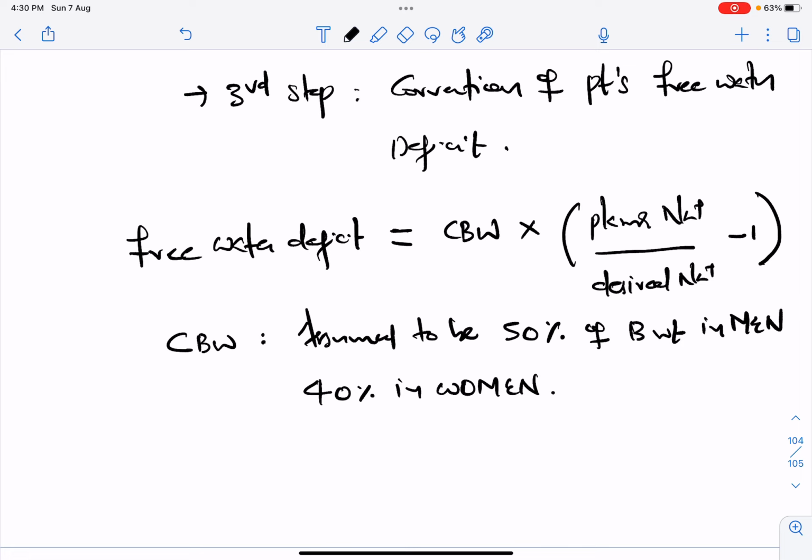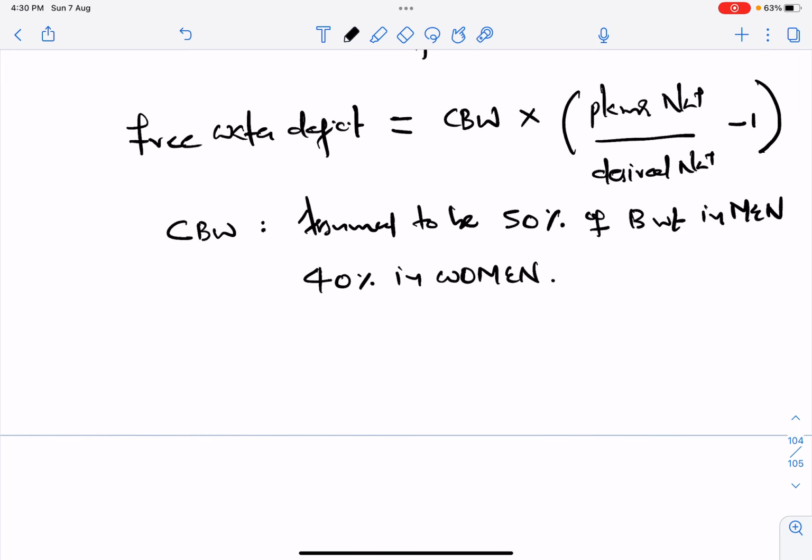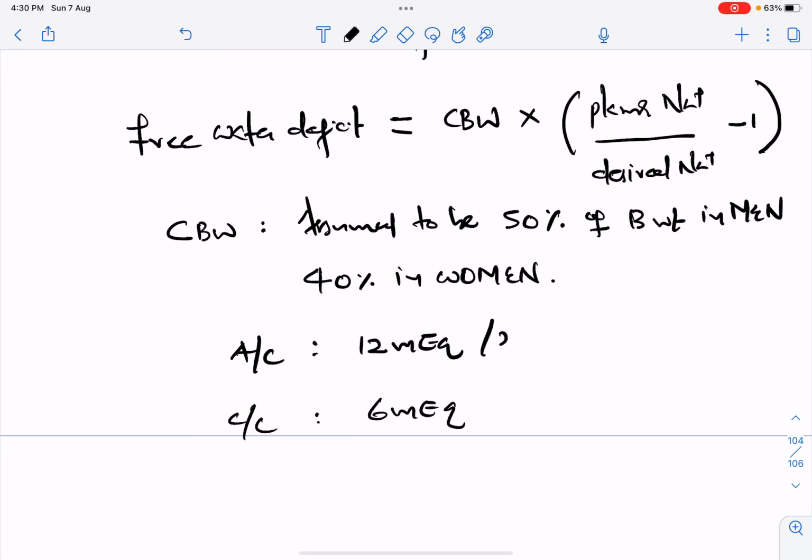Here also, for calculating the desired sodium, for acute cases we can go for a correction up to 12 milliequivalents. For chronic cases, the correction in hypernatremia is done at a lower rate than acute. Okay, it is 6 milliequivalents per 24 hours.